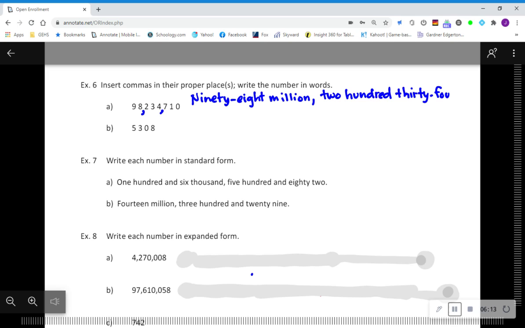Notice the hyphen, and that's 1,000, comma. So we use a hyphen, and so far I haven't used the word "and" and I won't. 710.